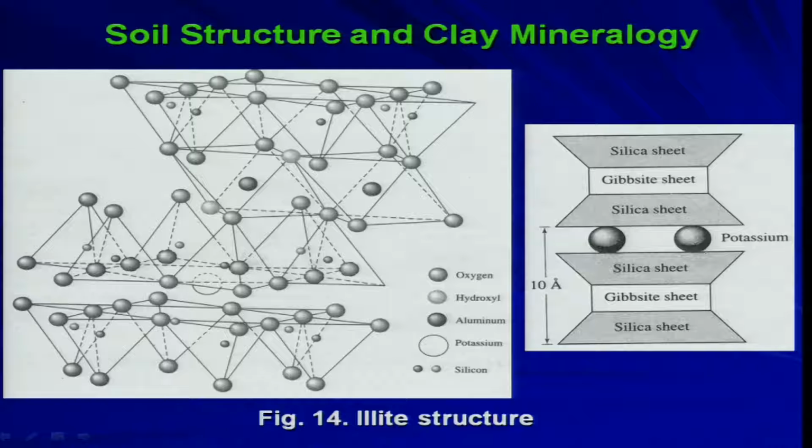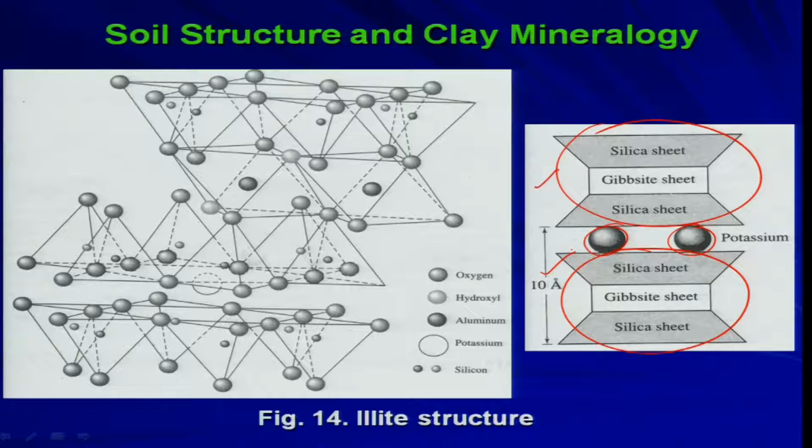If you look at the structure, it is the same as Montmorillonite, whereas instead of water or some exchangeable ion, you have potassium at the interface, which is bonding the lattice structures.